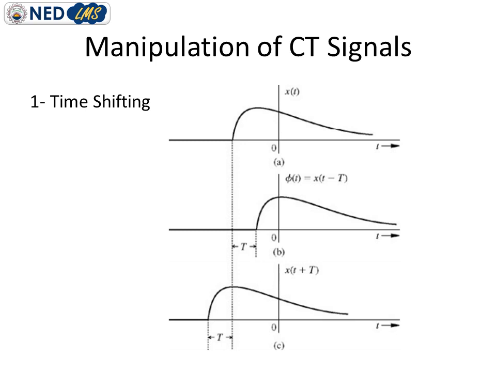We have two terminologies, time delay or time advance. If capital T is positive, then the signal is a time delayed signal, and if capital T is negative, then the signal is time advanced.